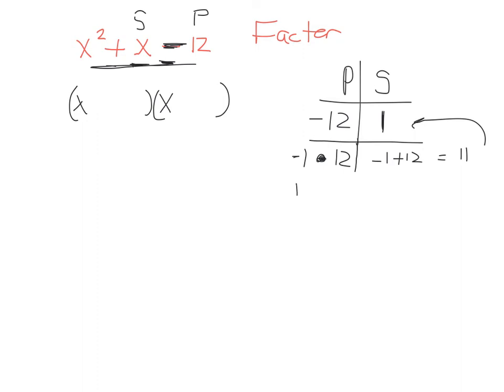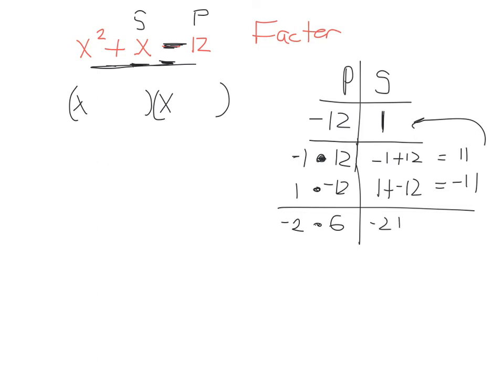If I was to use 1 times negative 12, that also multiplies to be negative 12. 1 plus negative 12 gives me negative 11. No good. 2 times 6. One of them would have to be negative. Try the negative 2. Negative 2 plus 6 would give me positive 4.